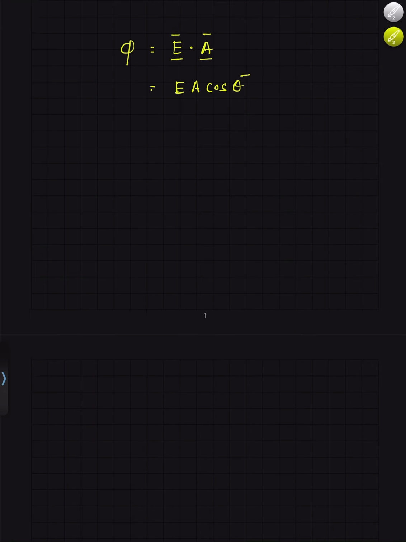Now what Gauss law suggests is, if you have any point charge q here, and someone asks what is the electric flux associated with some imaginary surface at distance r, let's say a spherical surface. So what is the flux associated with this surface?